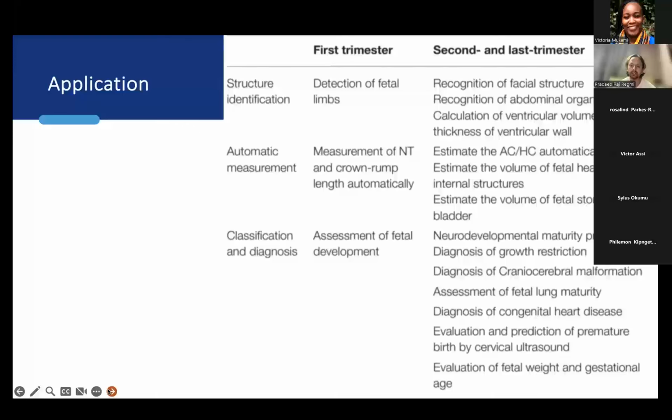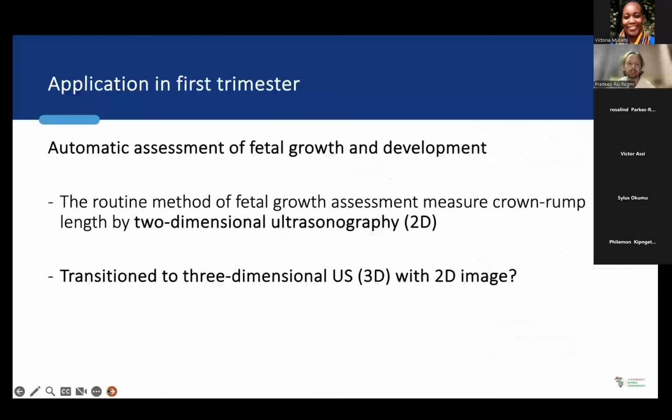Another interesting thing is evaluation and prediction of premature birth by cervical ultrasound, and AI can help to grade the maturity of the cervix during pregnancy. And evaluation of fetal weight and gestational age is one of the uses that can be applied, and AI can facilitate this for obstetric ultrasound.